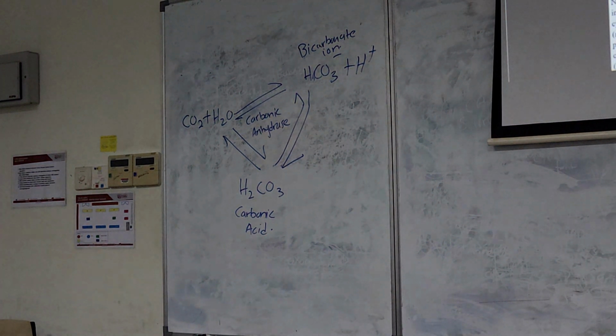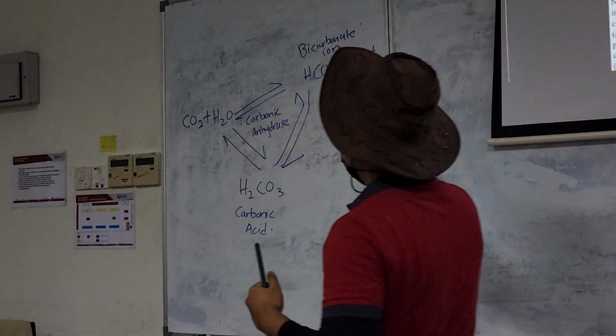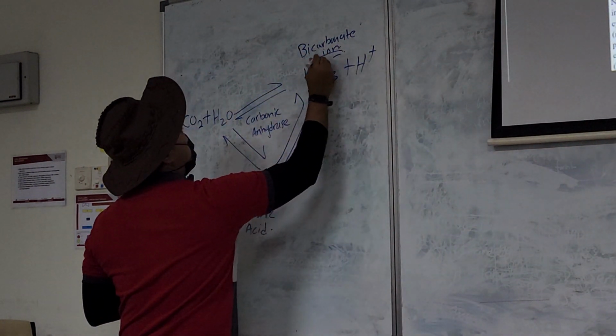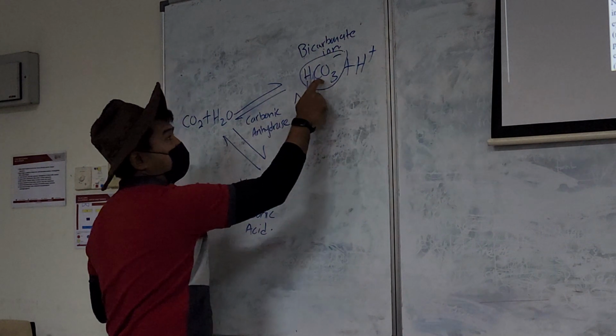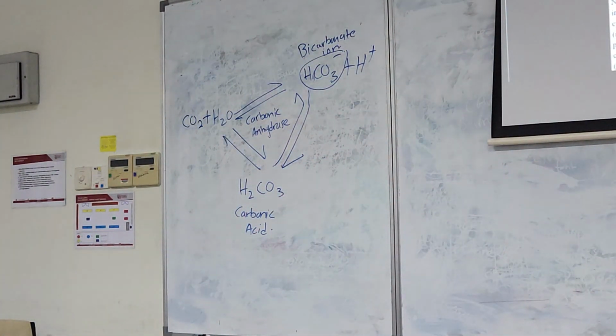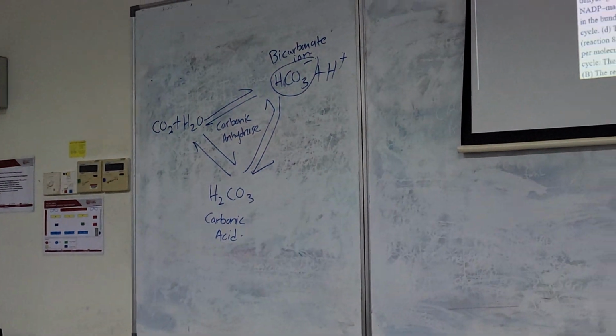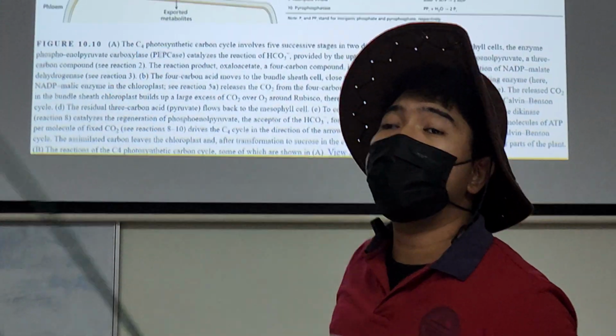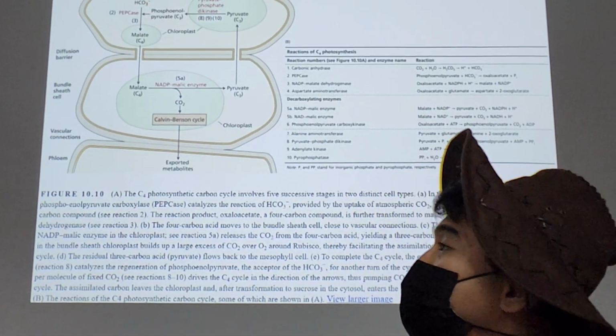So the star that we are talking about here is this guy here. This is the important thing. Bicarbonate ion. So this bicarbonate ion now reacts with phosphoenol pyruvate, or short is PEP.